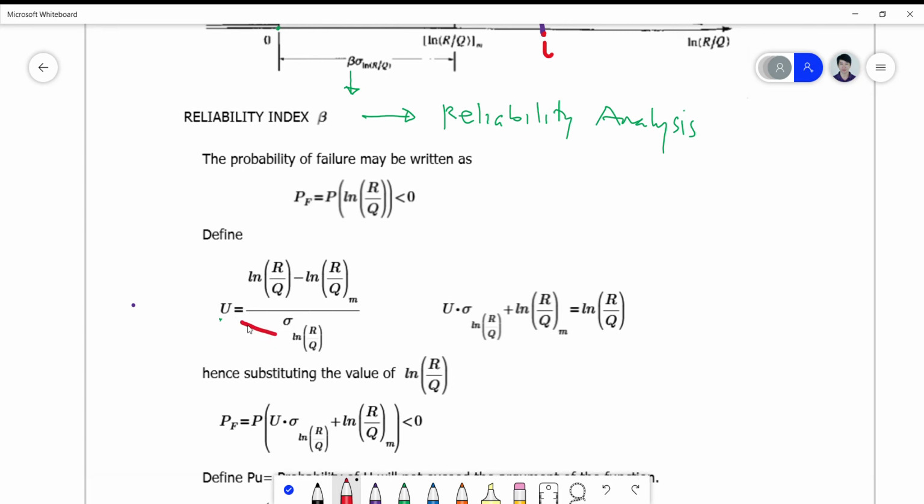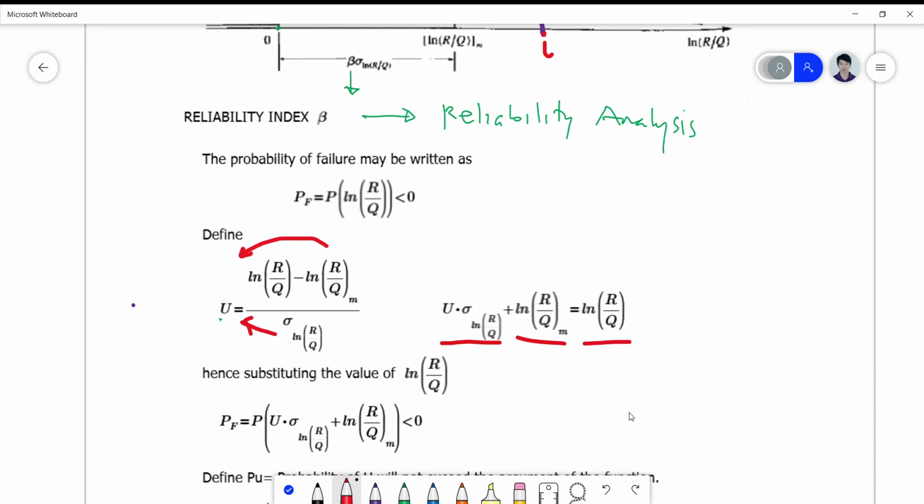We multiply it by u there, we get this value here, and then we put this mean value of your natural logarithm R over Q at the left side. So this is here, and we retain the natural logarithm of R over Q, which is 1. Okay, so why did we do this? Because we want to get another argument, which is the reliability index coming from a definition of a variable u.